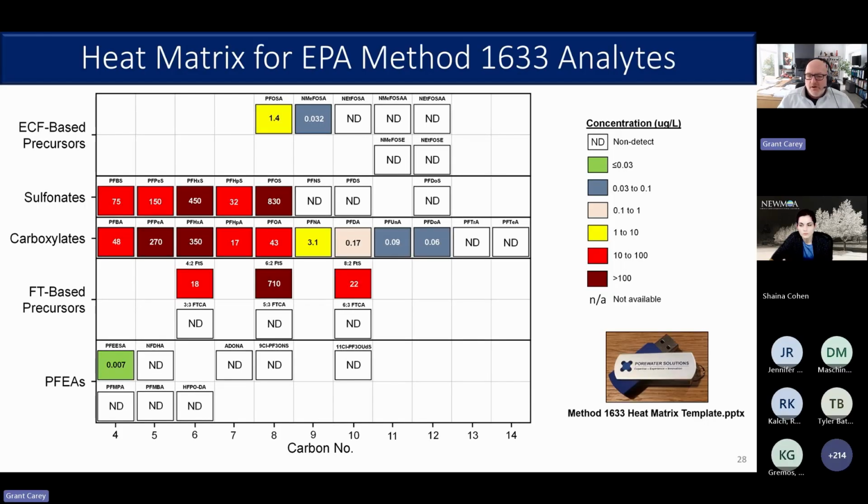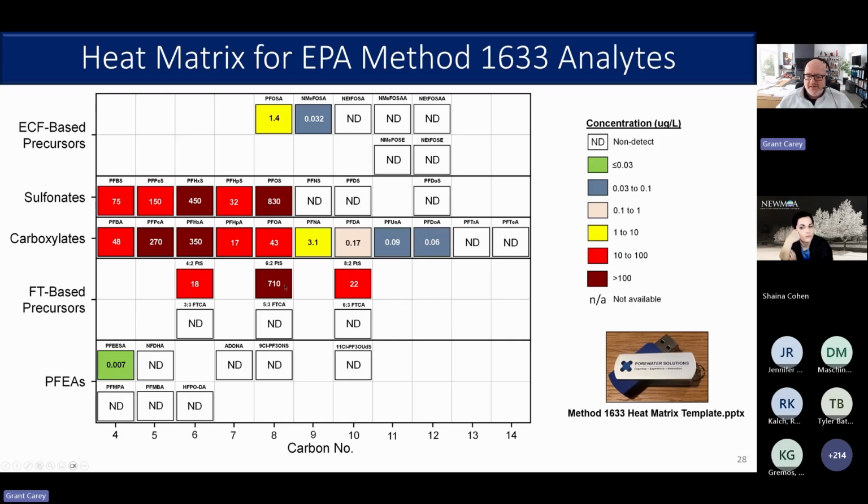So just to show you how it works, with a PowerPoint template, or you can create your own software to do this, you can add colors for different ranges of concentration intervals. So the dark red here, this is a hypothetical site. Dark red are highest concentrations above 100 micrograms per liter. You can see we've got high PFOS, high PFHxS, so obviously a lot of ECF-based AFFF was used in the source area.